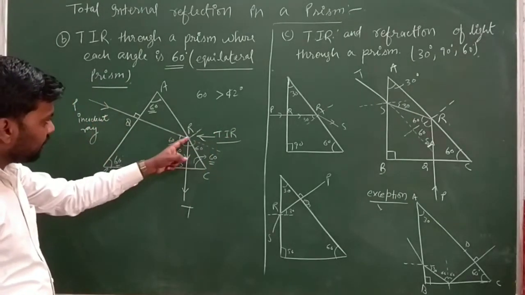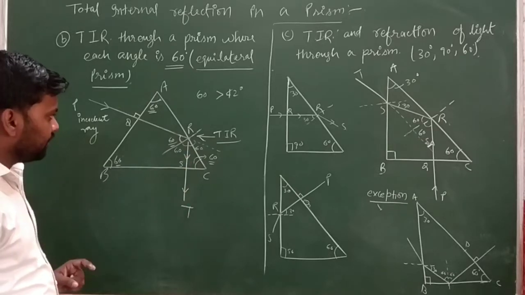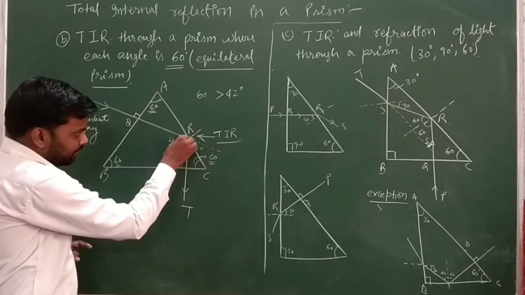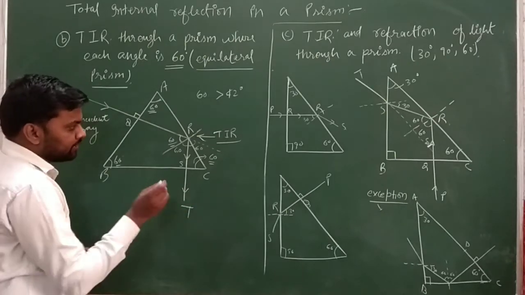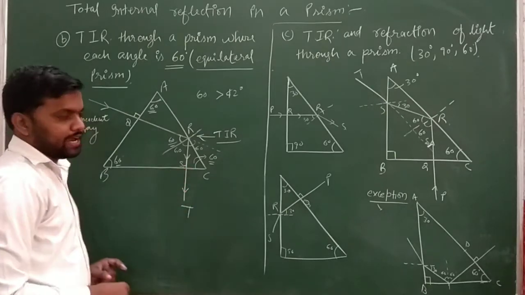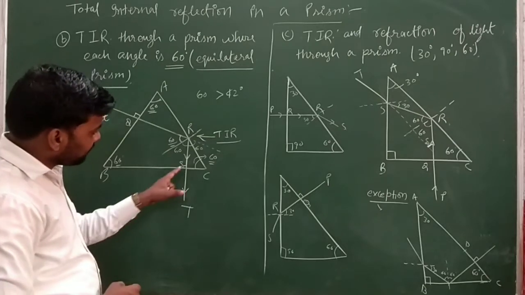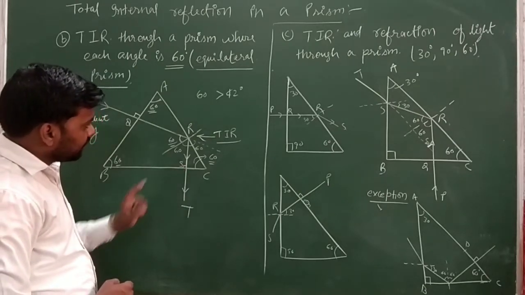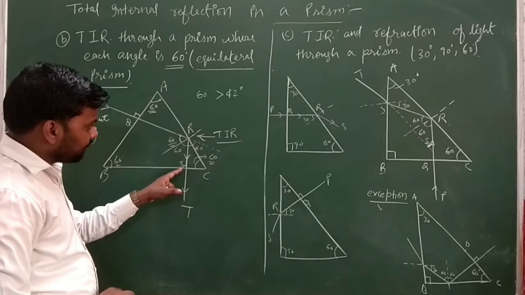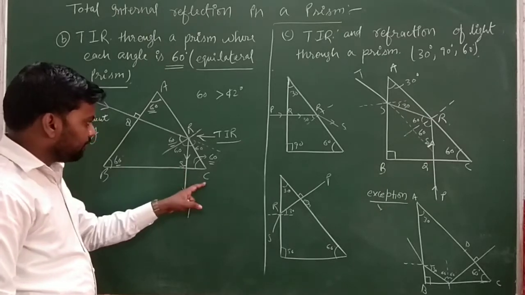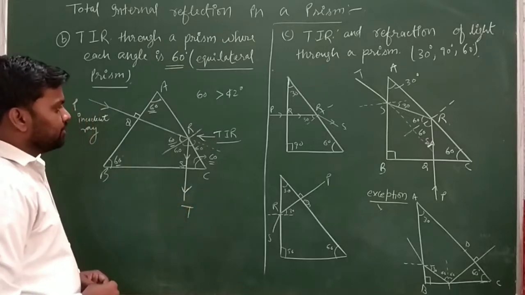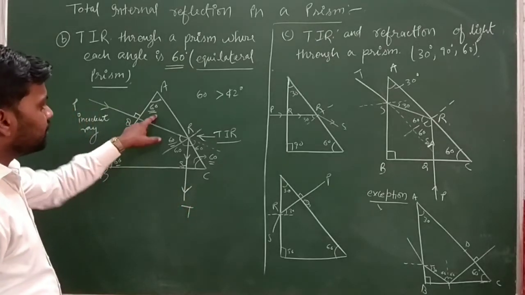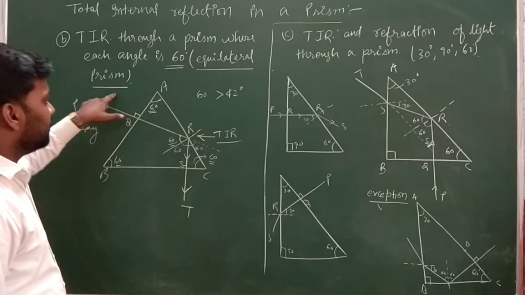So the light ray bends from this side and reaches this surface, that is BC. Again we can see that it is forming a 90 degree angle, and if it is making 90 degree angle, that light ray RS will move through base BC undeviated and we will get a light ray ST. So it happens in the case of 60 degree angle, that is an equilateral prism.